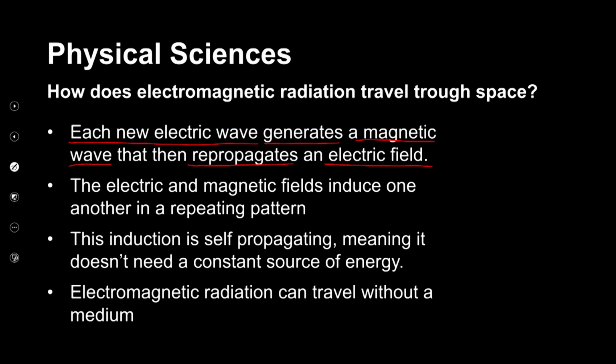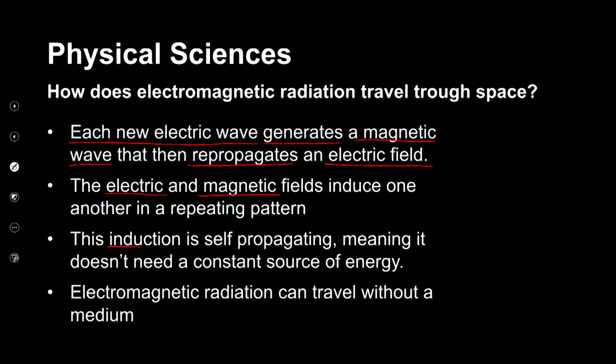The electric and magnetic fields induce one another, i.e., they cause one another to occur. And it is this repeating pattern that we consider to be electromagnetic radiation.